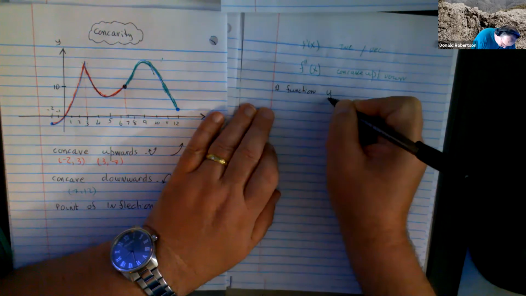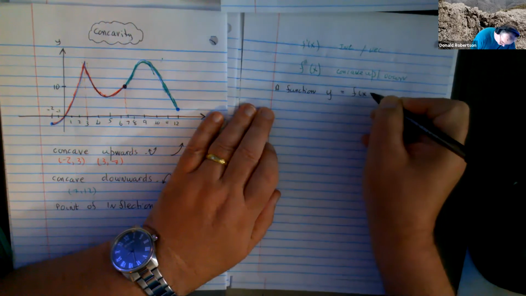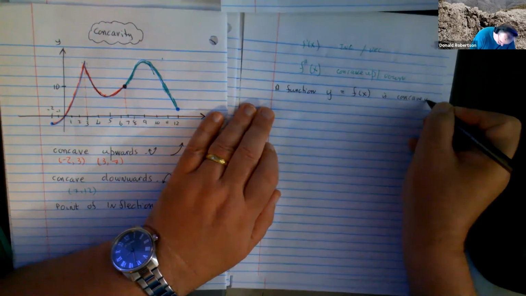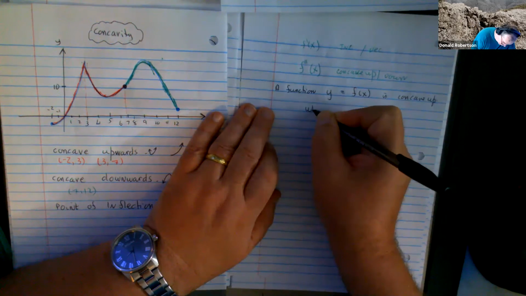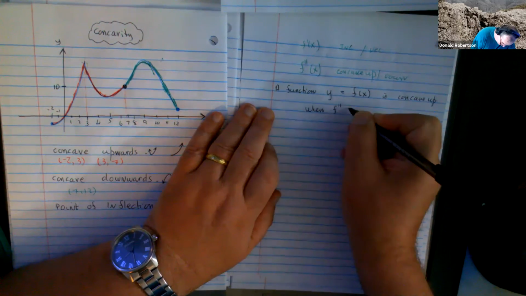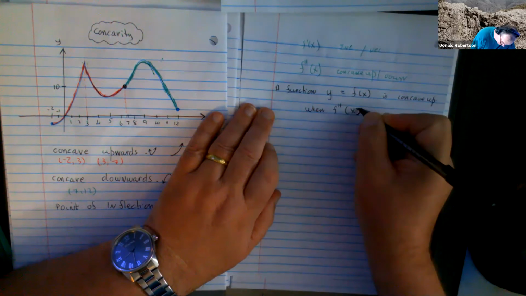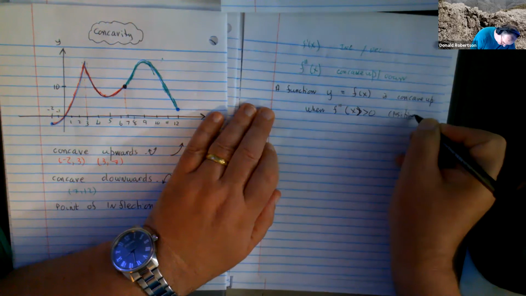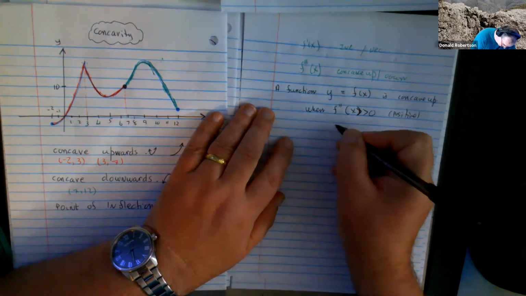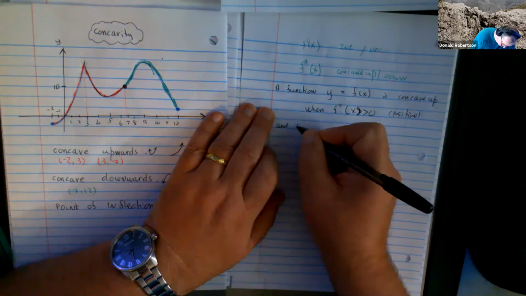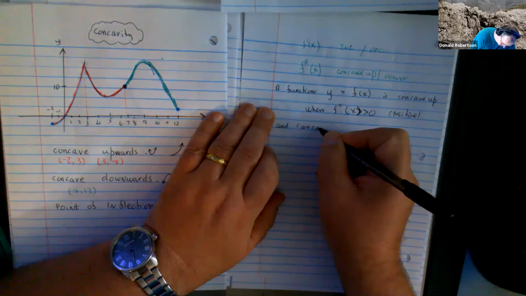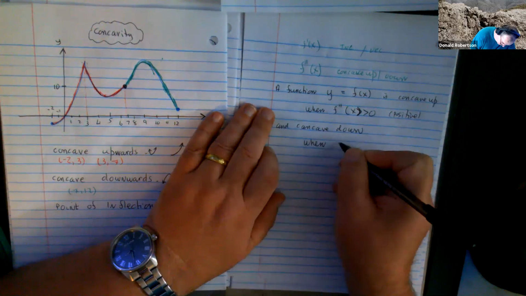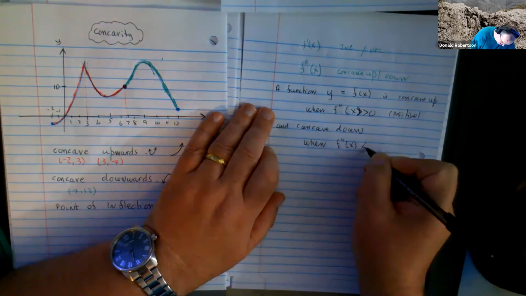A function y equals f of x is concave up when its second derivative is positive. And it's concave down when its second derivative is negative.